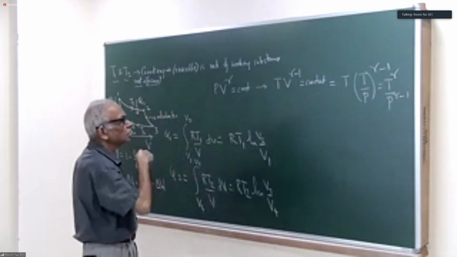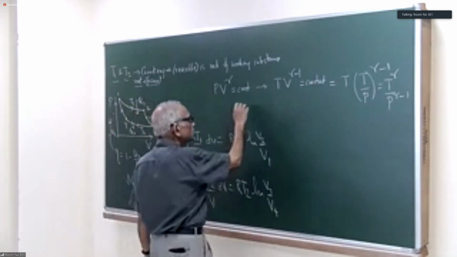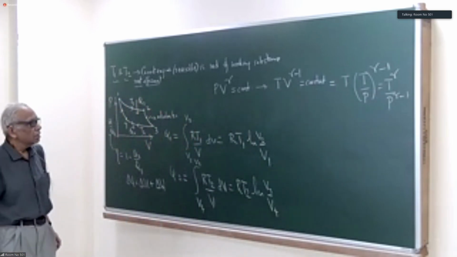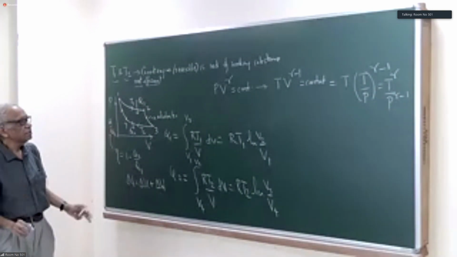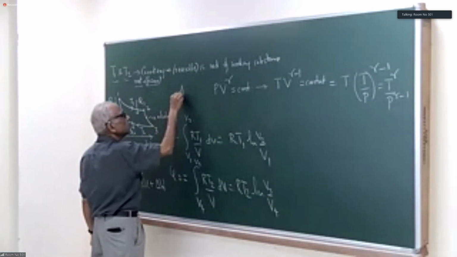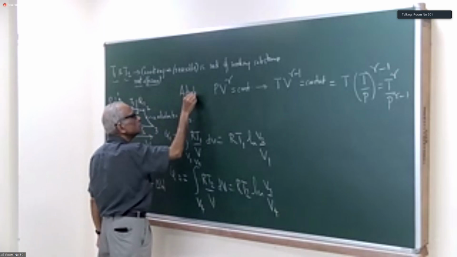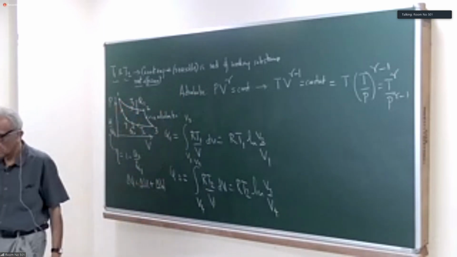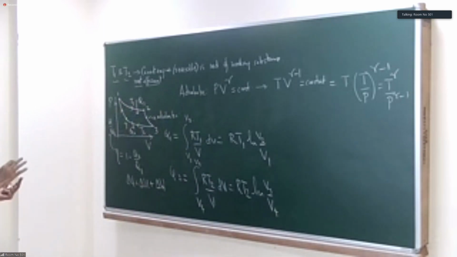So that's constant. So these are three ways of expressing this adiabatic condition, which we can write in different ways, in terms of PV.